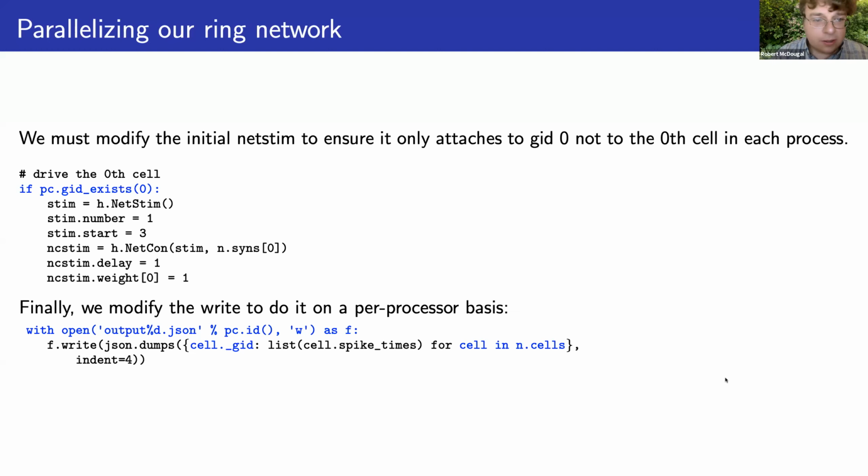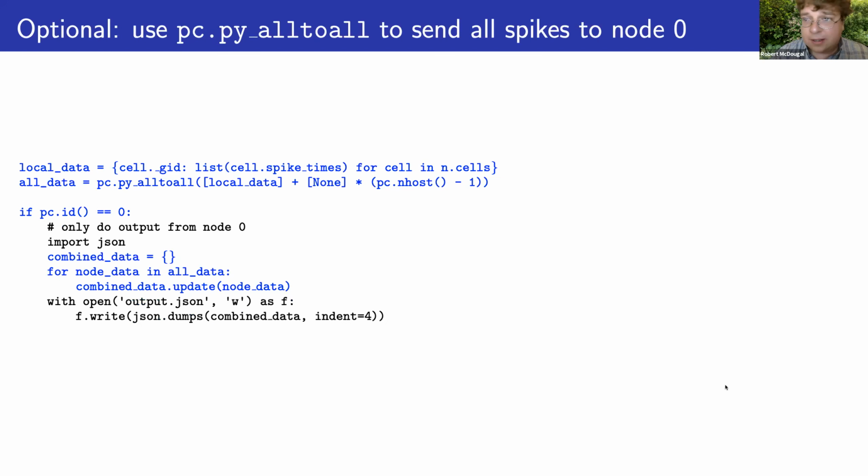We could, as an alternative to the per-processor writing, and the efficiency of all of this depends on how the HPC, if you're working in that, is set up, use ParallelContext py_alltoall, and if you're using MPI for Python, that's cool too. In any case, it would be an MPI all-to-all, and then we could send all of your data to node 0.